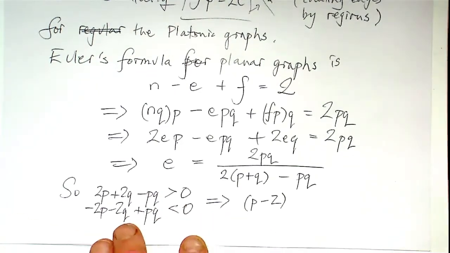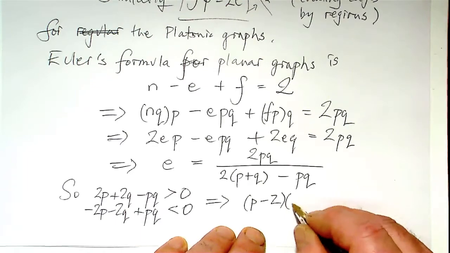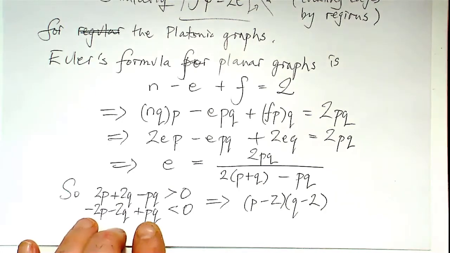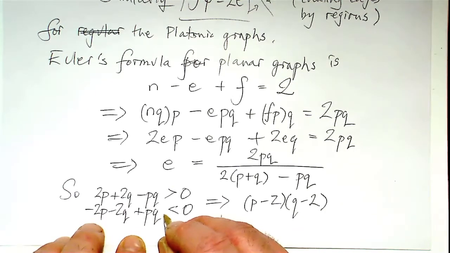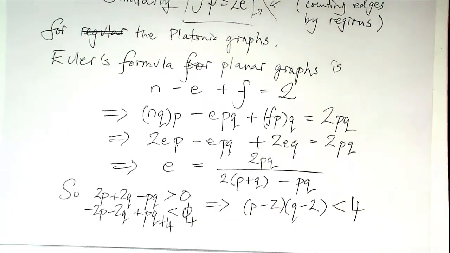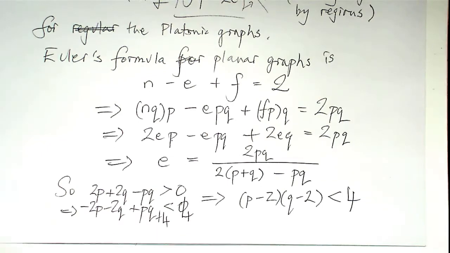You must change the sign if you multiply by a minus number. So that implies that P minus 2 times Q minus 2 gives me most of this bottom line. I've got minus 2Q minus 2P plus PQ, but I get plus 4. So if I add 4 to both sides, this is less than 4. That's the conclusion. So I've just negated it and added 4 to both sides, and that's the same as this inequality here.